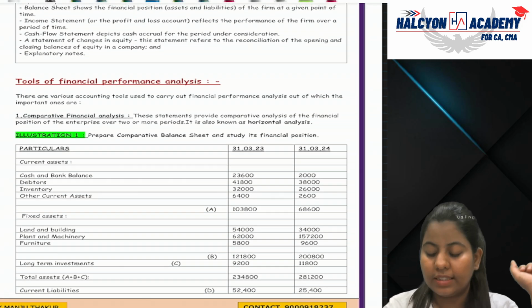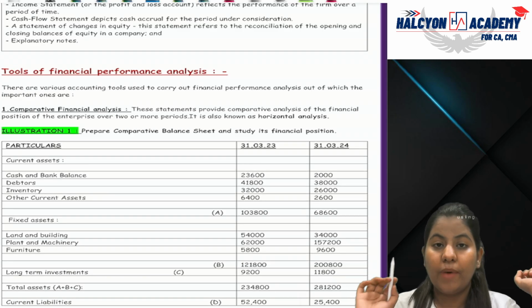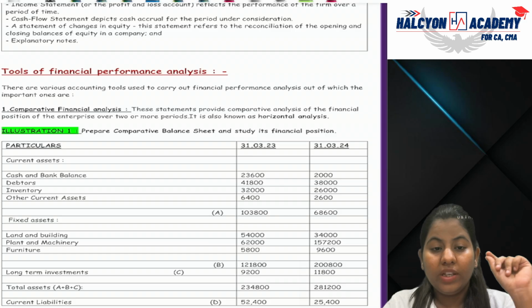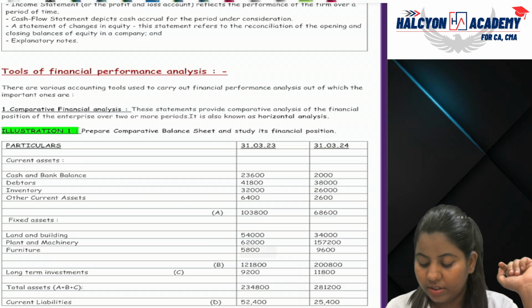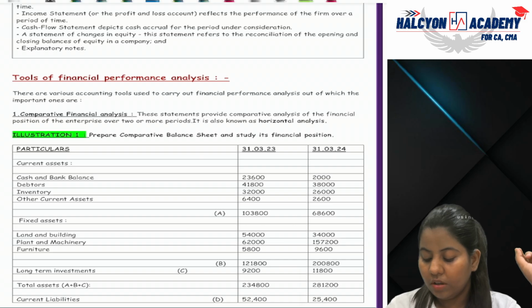One balance sheet is given, and we have to prepare a comparative balance sheet. Data of 2 years is given, year ending 2023 and year ending 2024.